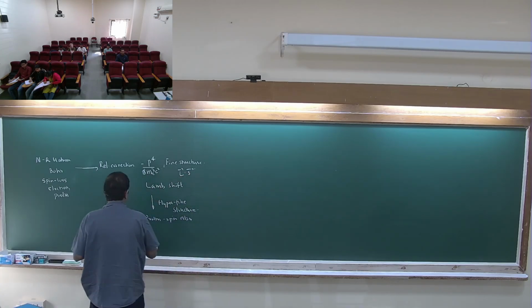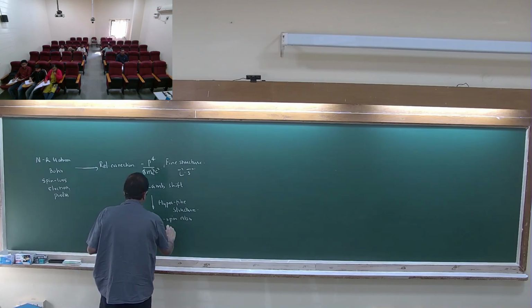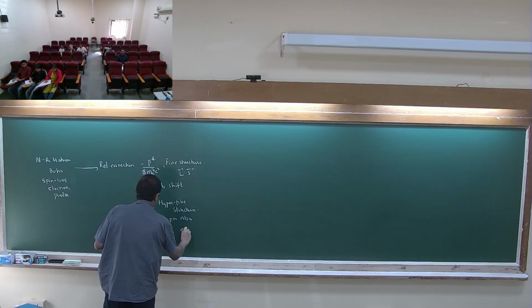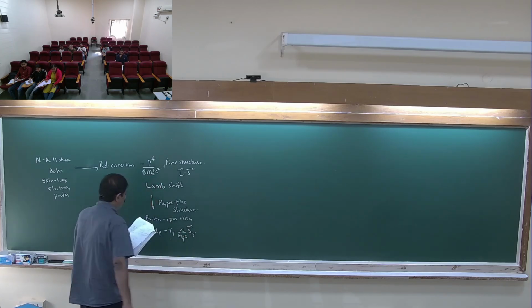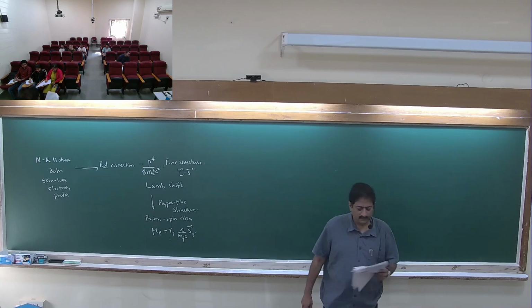We need to introduce the magnetic moment of the proton, which will be some gamma_p times e by m_p c S_p, where this is what we need to compute or at least estimate in the quark model.